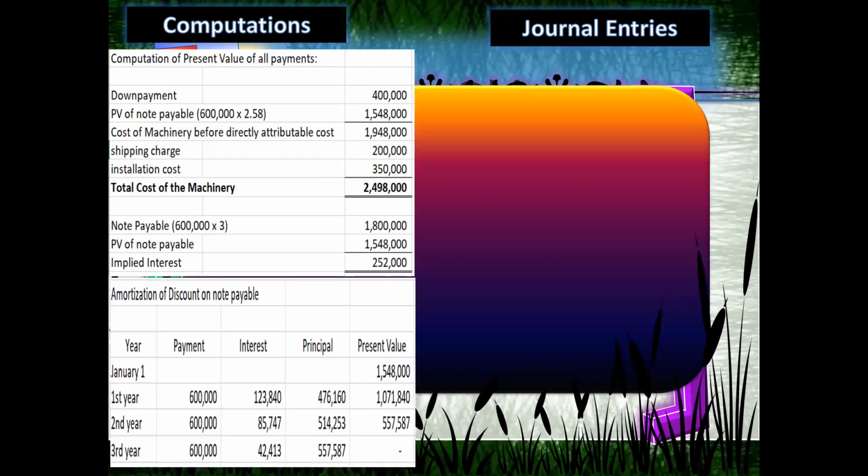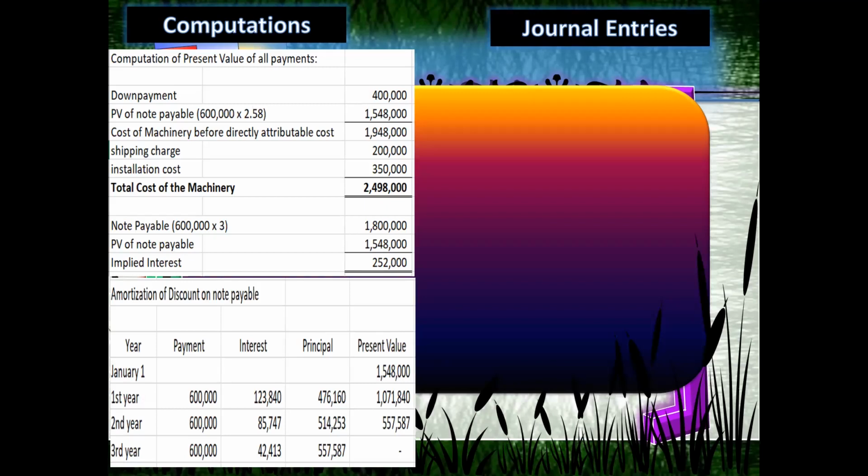So paano naman ang amortization? So since this is yung walang cash price equivalent and we tried to compute for the present value of all payments, ang gagawin natin, apply natin yung effective interest method of amortization, based sa na-discuss natin in the previous na mga topics sa ACC 124.